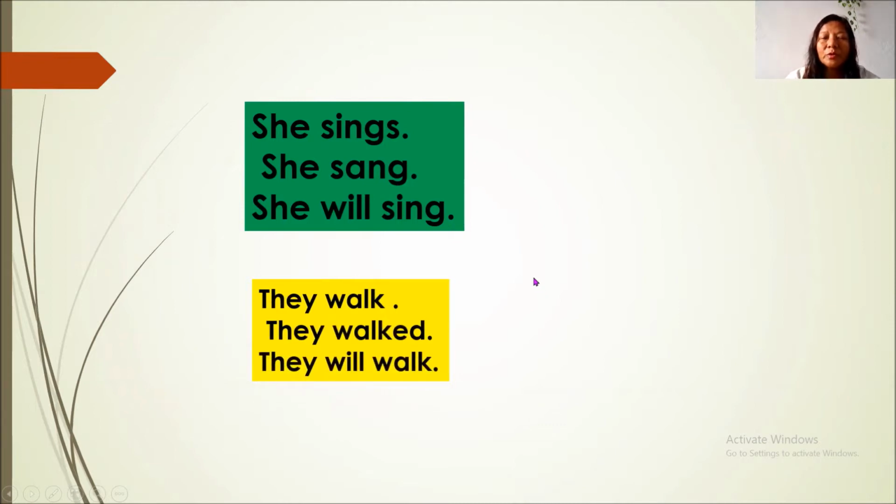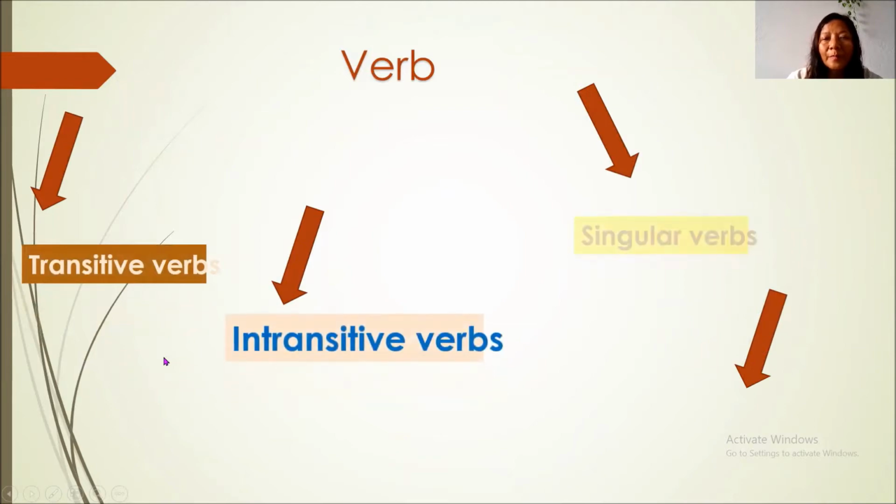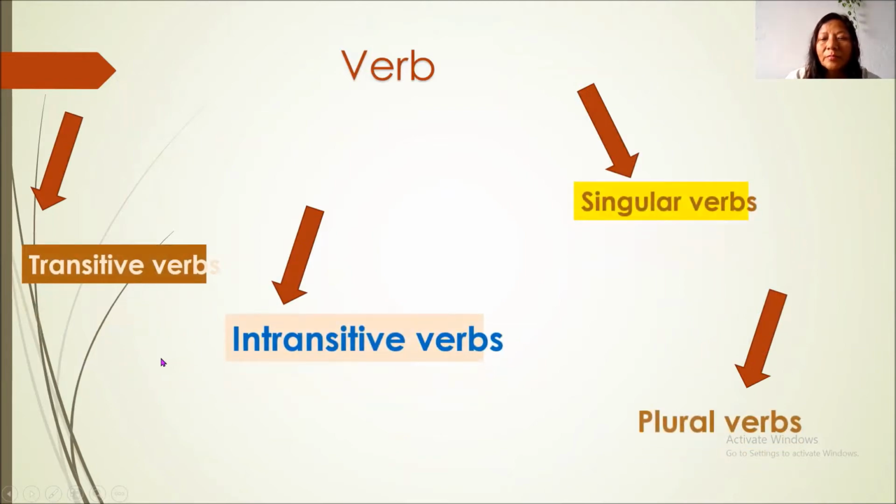So verbs can be used in any tense. In this structure, subject plus verb, you can make many more sentences. Verbs can be transitive, intransitive, singular, and plural. You will learn about transitive and intransitive verbs in a coming session.